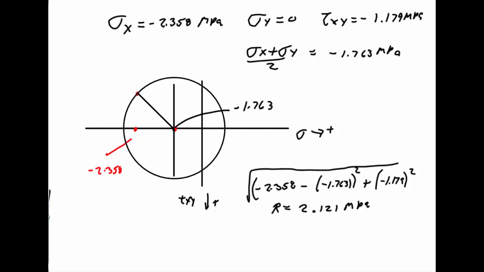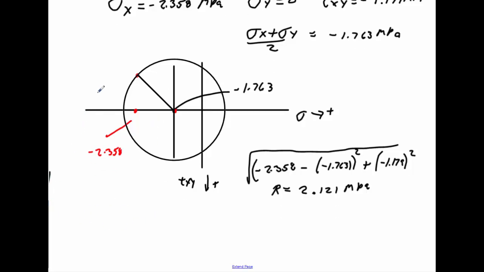Alright, we're slowly getting this part done. Now, to find my in-plane, to find my principal stresses. My principal stresses are always going to occur at this point here and this point here. Okay, to find this value, what I'm going to do is I'm going to take this one here, which is minus 1.763.